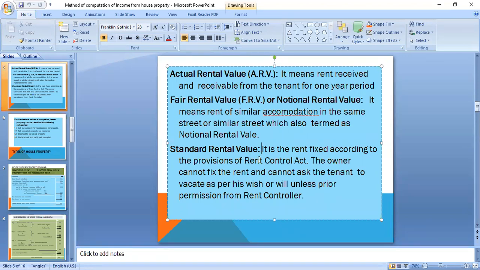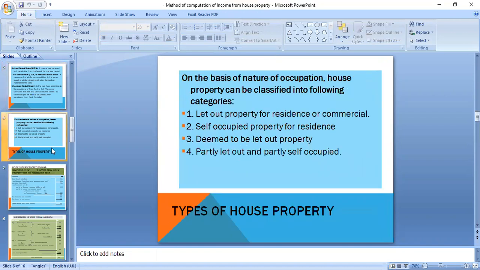So the standard rental value is the rent which is fixed by the rent controller under the Rent Control Act. These are the four important things that we have to know when you are calculating and determining the annual value.